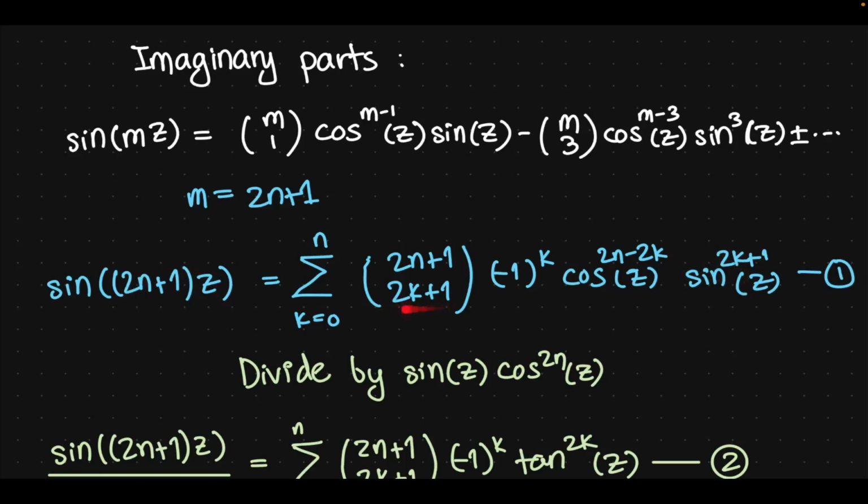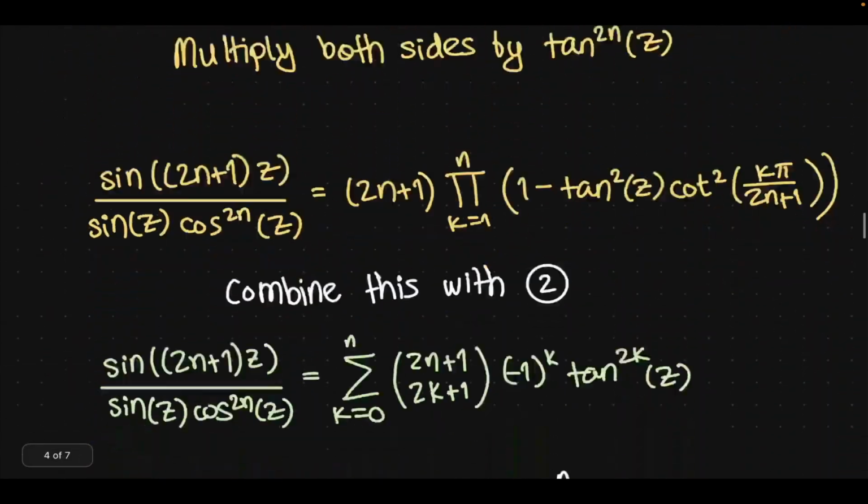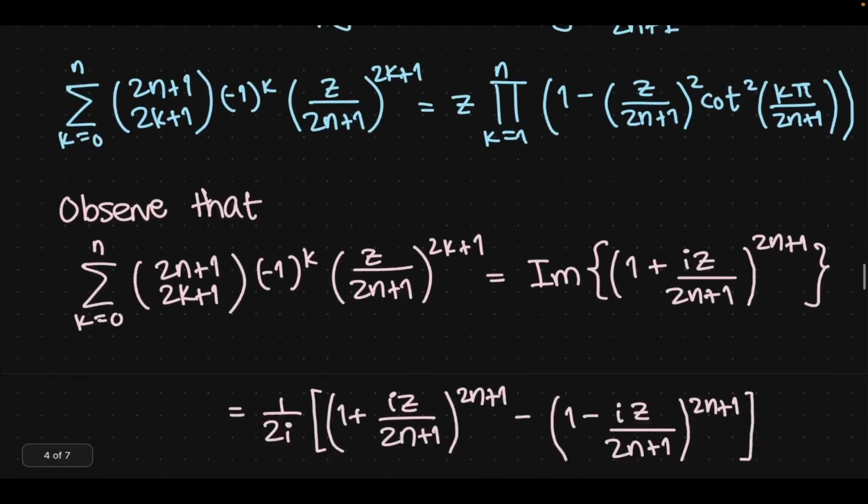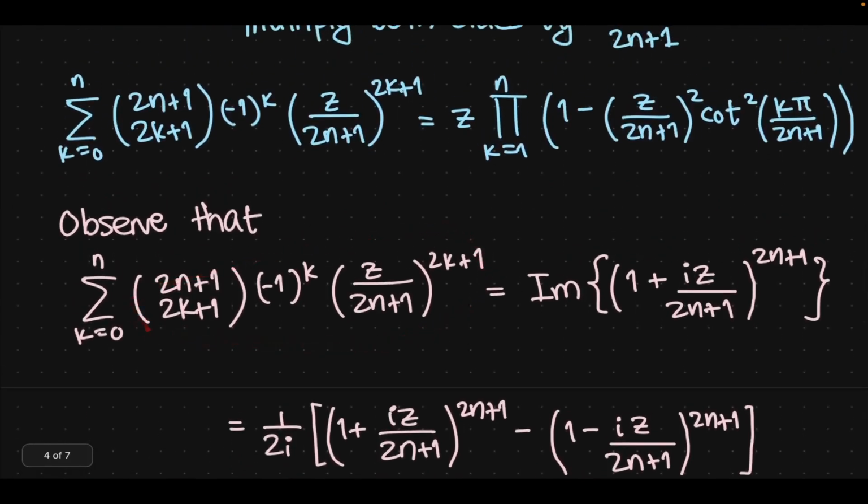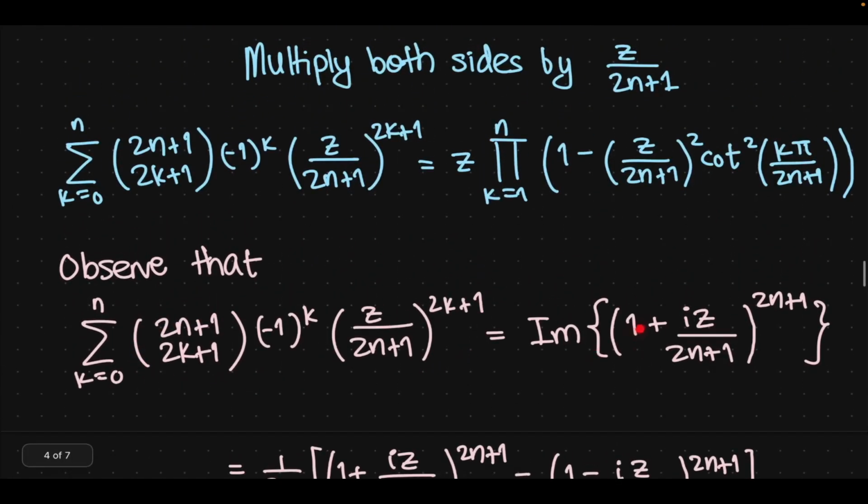Whenever we're summing over the odd k values with the alternating sign, we're dealing with an imaginary part of something like this. So what that means is this quantity here is just the imaginary part of 1 plus iz over 2n plus 1, the whole thing raised to 2n plus 1.